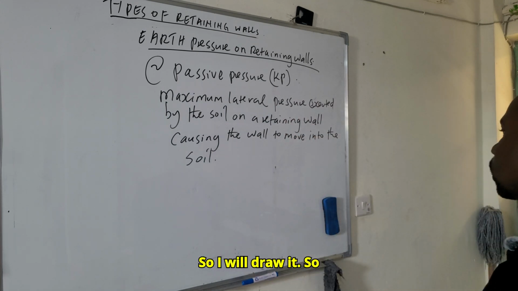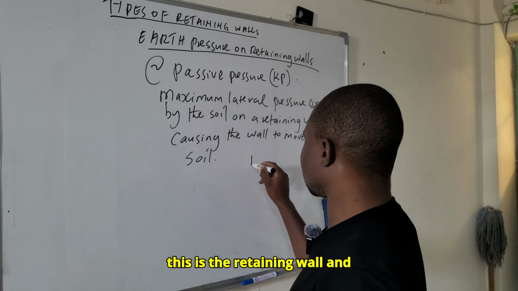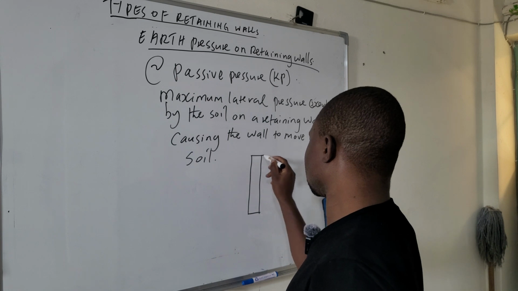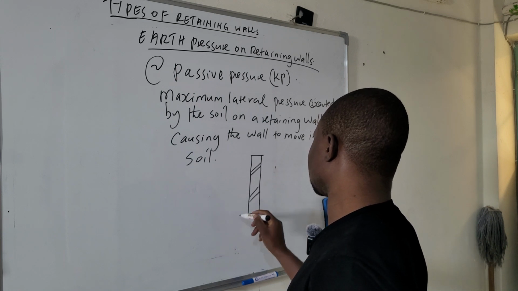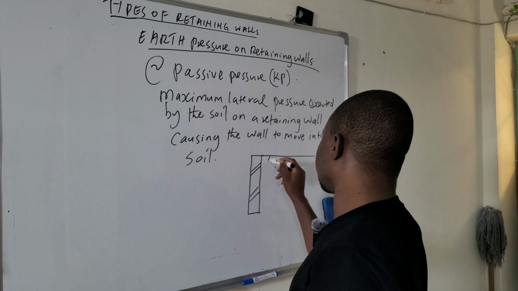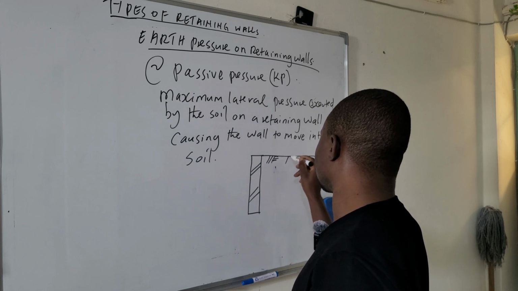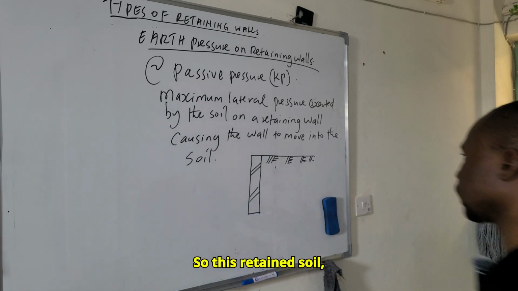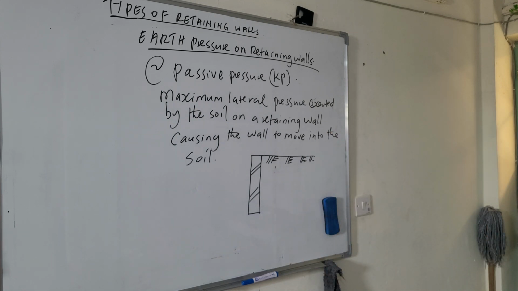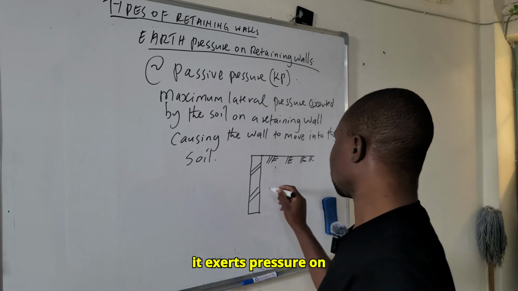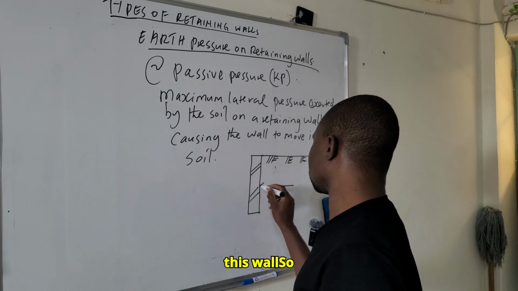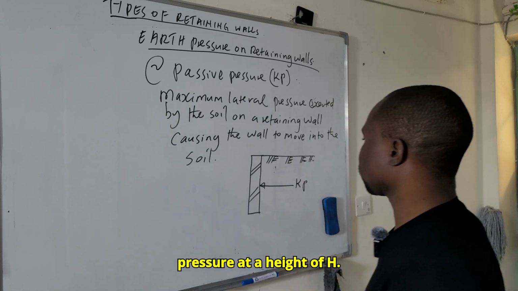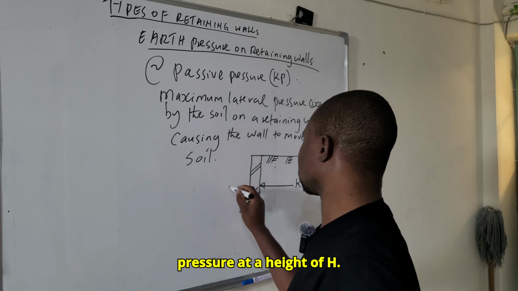So I will draw it. So this is the retaining wall, and this is the retained soil. So this retained soil exerts pressure on this wall. So this is Kp, the passive pressure at a height of h.